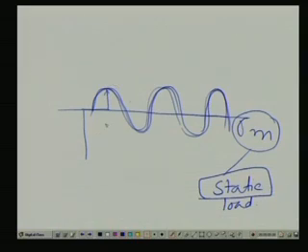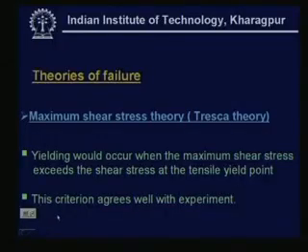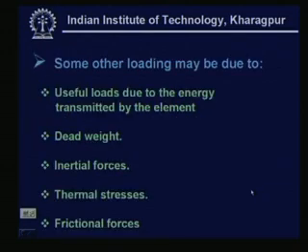However, we will come to this situation later on, when we consider the typical idea of the design. Now, the variable load we have already discussed, and then we come to the other loads: useful loads due to the energy transmitted by the element, dead weight also taken up as a load, inertial forces, and thermal stresses.